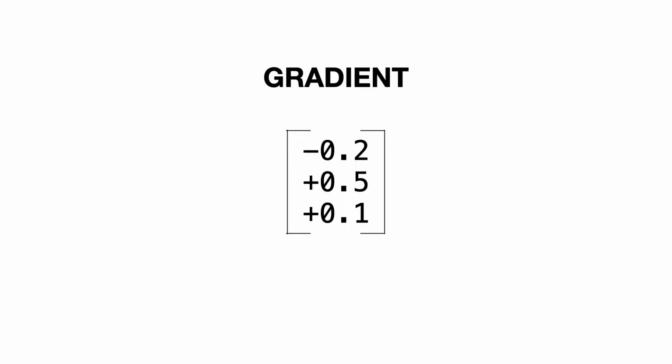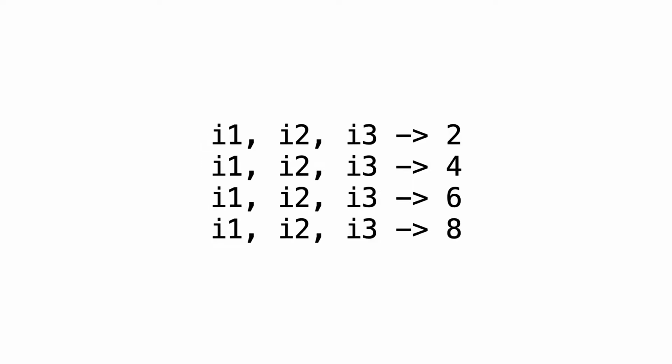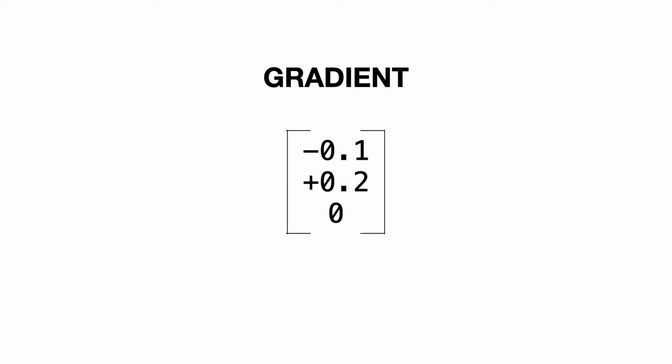And now we are close to answering the initial question: what is gradient descent? The gradient is used to update the 3 weights. The network is now a little bit better in predicting and will go over the training elements again. A new gradient is calculated. The gradient is used to update the weights again.